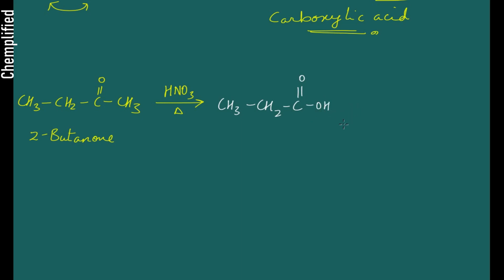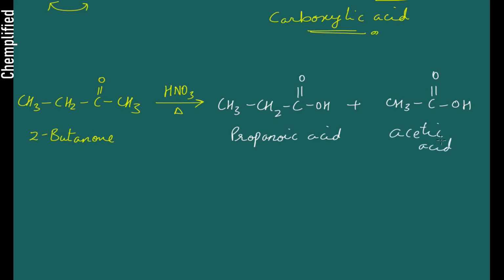This is your first product. You will get propanoic acid. Plus the second, look at the second product, CH3, C double bond O, OH. Right? So that's how you reach the product. All right.